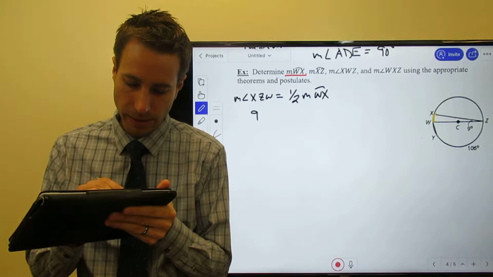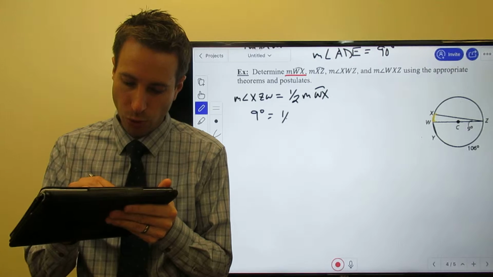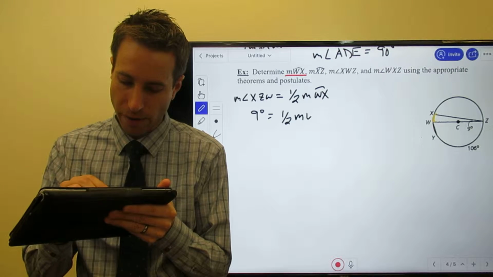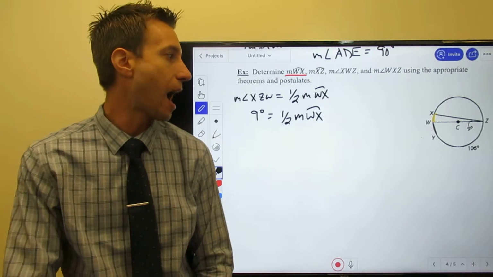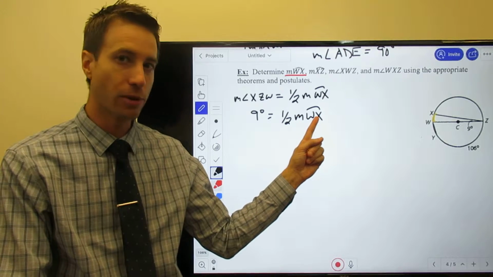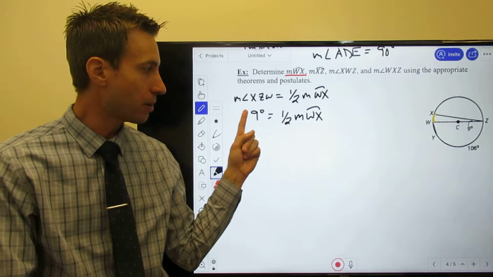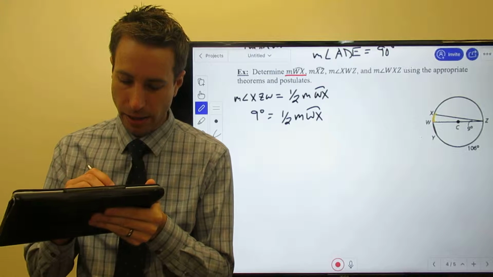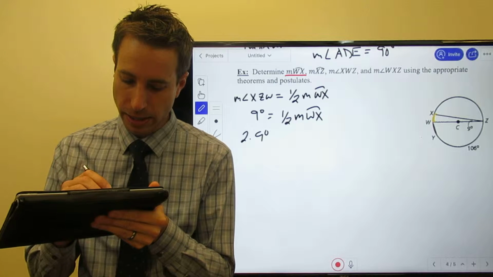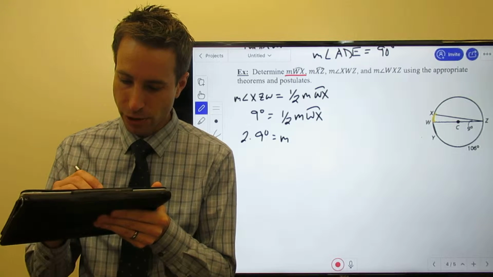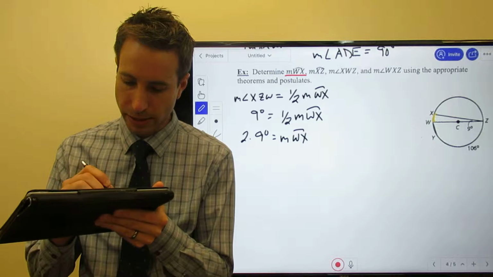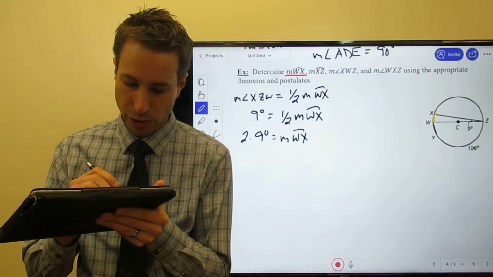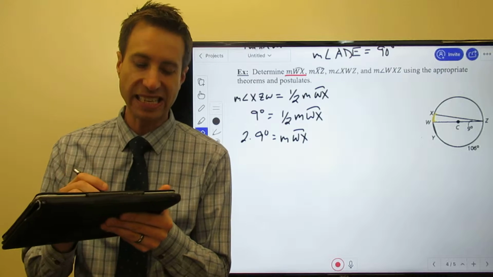It's 9 degrees. That's equal to 1/2 the measure of arc WX. How do I solve for the measure of arc WX? Yeah, multiply the 2 to the other side. 2 times 9 degrees, which means I get the measure of arc WX is 18.